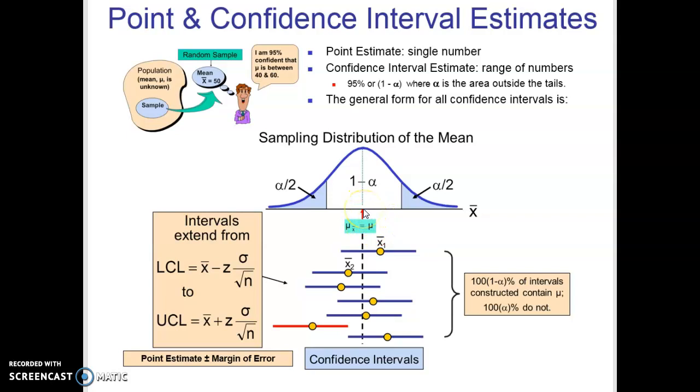But what's interesting is if I were to select any particular sample, I'm probably going to get a value above that or below that. Let's do that. Let's say I take one of those samples and I get this value here. Well, that's above our mean of sample means.